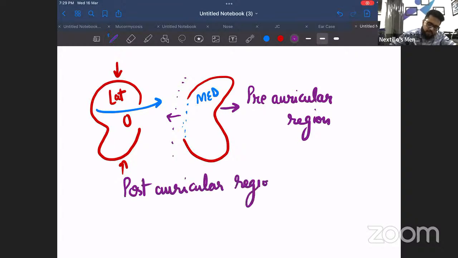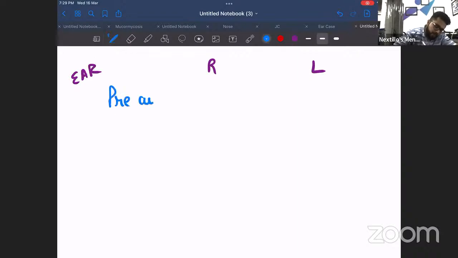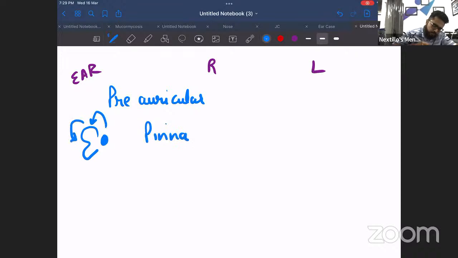Whenever you are doing a clinical examination of a patient and examining the ear, we will always report right and left, because both sides are examined. We'll start from pre-auricular, then move to pinna, then to post-auricular.